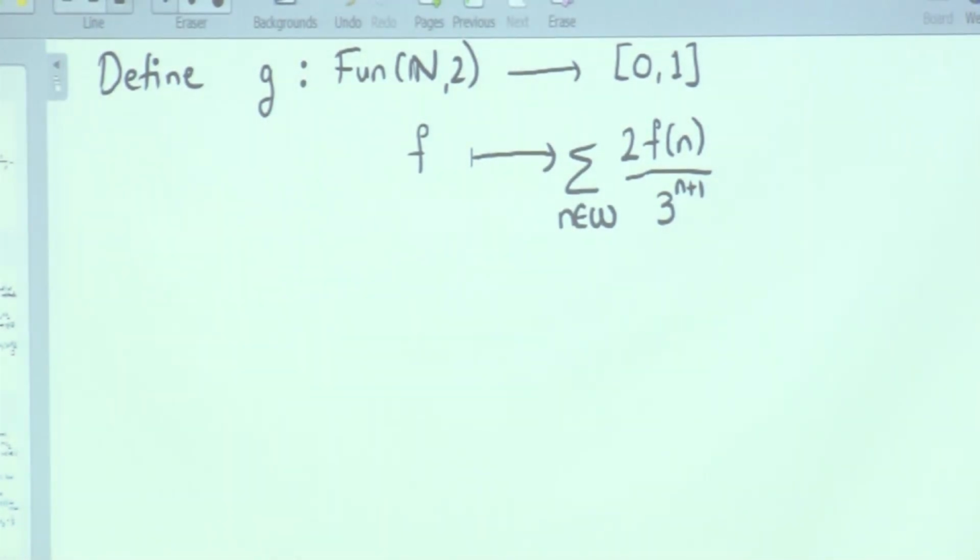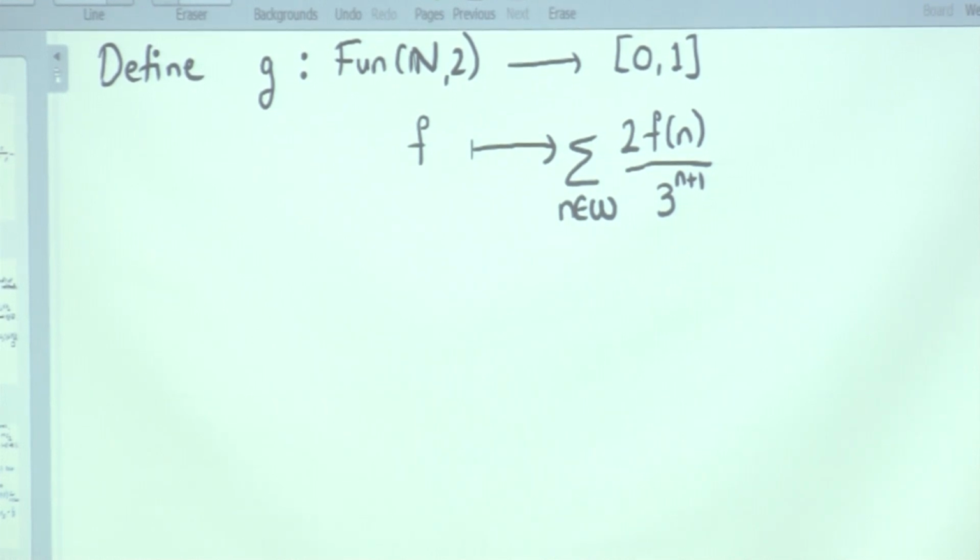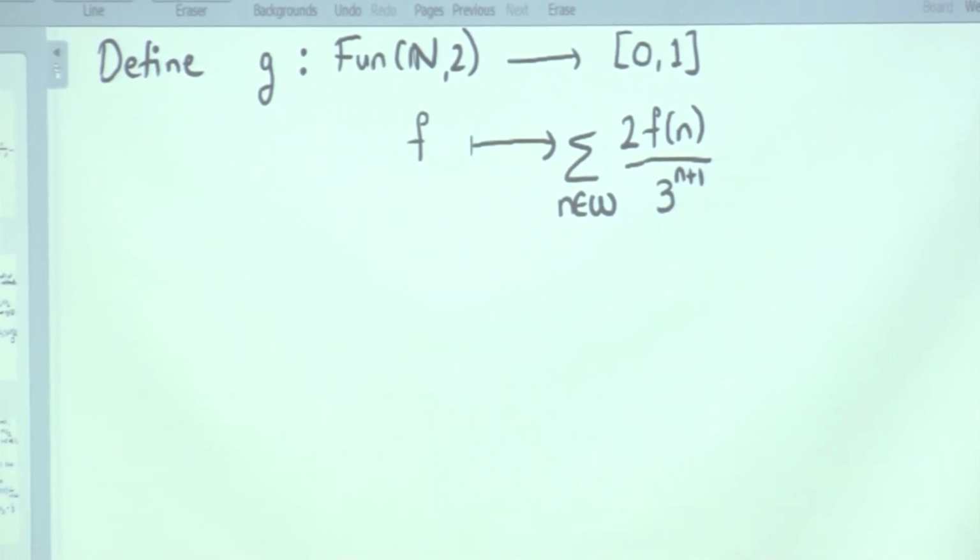Okay, let's take a pause and understand what this is saying. This is a sequence of zeros and ones. So if it is 0, then 2 times that will continue to be 0. If it is 1, then twice it will be 2. So I am simply writing down a sequence of zeros and 2's, and those are the weights, and I am adding powers of 3.